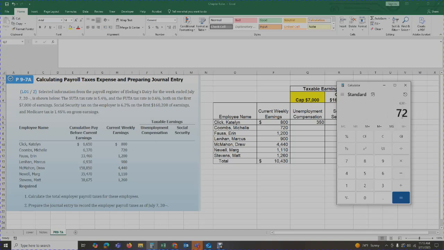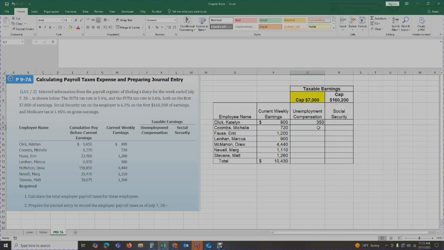So that means that $90 will not be taxable. We get the $7,000 minus the $6,370, which means $630 will be taxable for unemployment purposes. So any future money that Michelle makes will not be subject to be taxed for unemployment purposes.